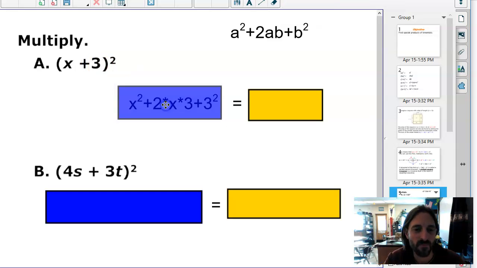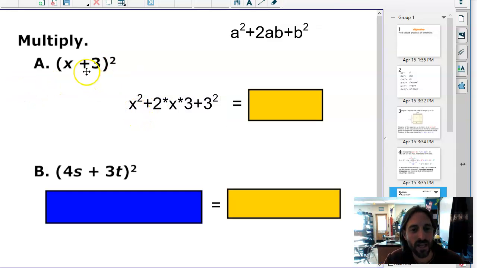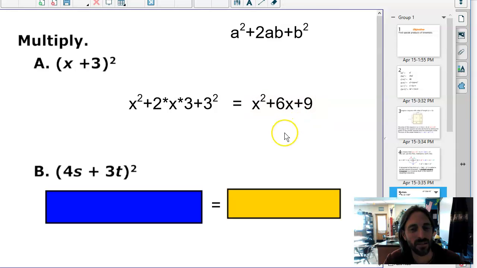So check this out. What this really means is x squared plus 2 times x times 3, x being a, 3 being b, and then b squared, 3 squared. Holy moly, that is way quicker if you can see the pattern, right? 2 times 3 is 6 times x is 6x. 3 squared is 9. Again, in this example, the first term, a, is 4s.